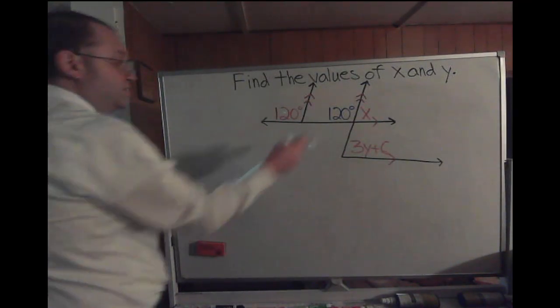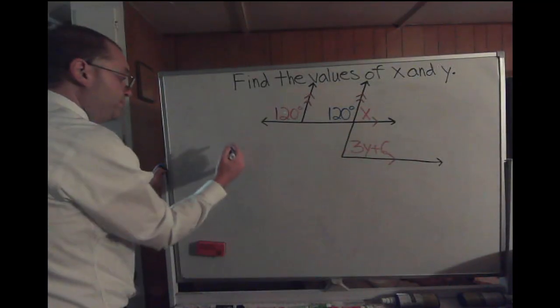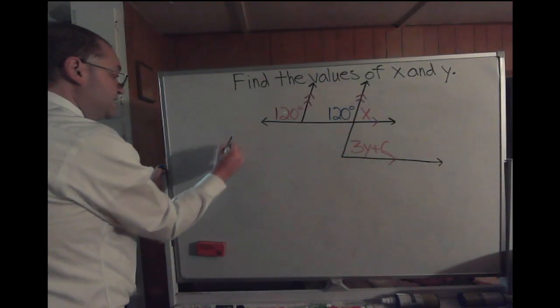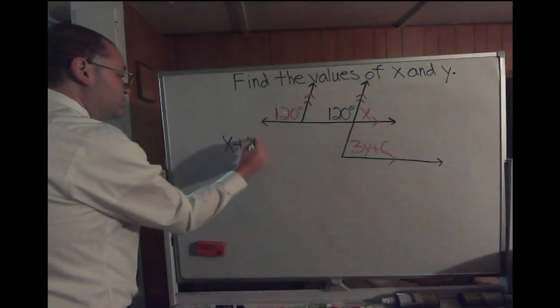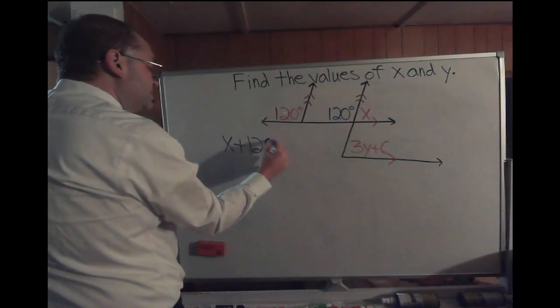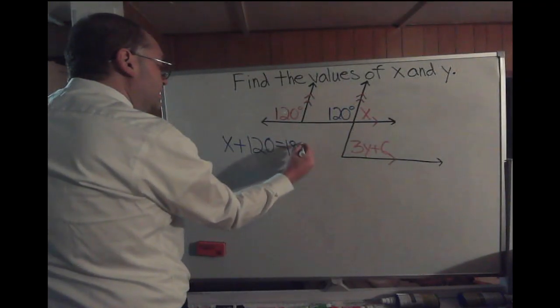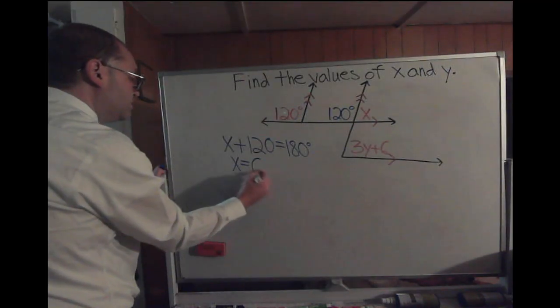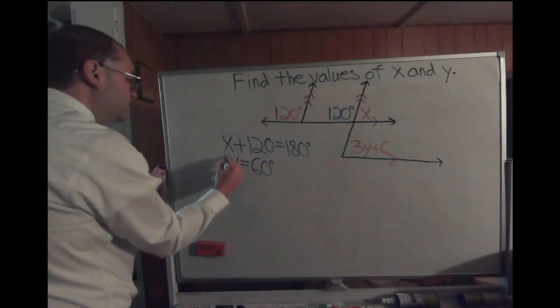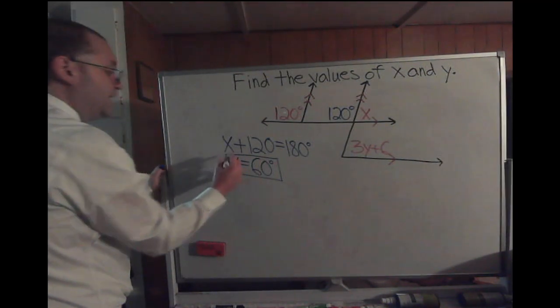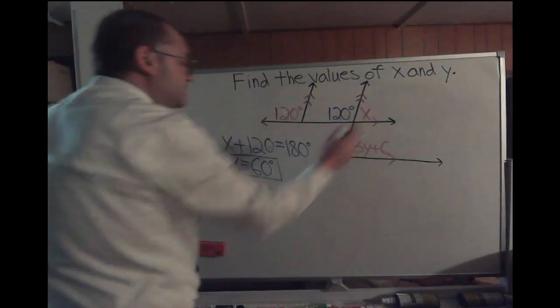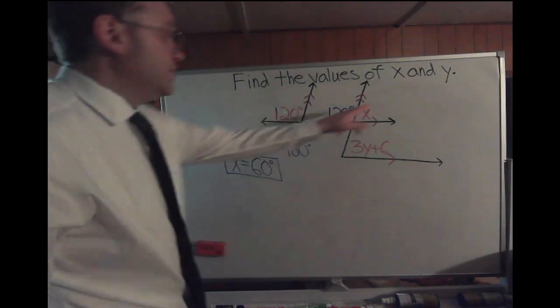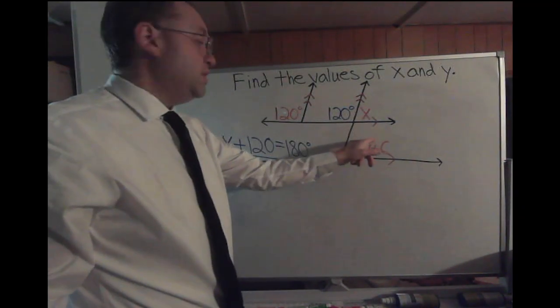By the definition of supplementary angles. So let's take x plus 120. We'll set that equal to 180 degrees, which means x equals 60 degrees. So we have now established what x is. It's 60 degrees.